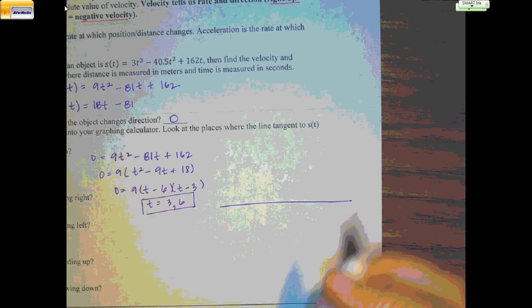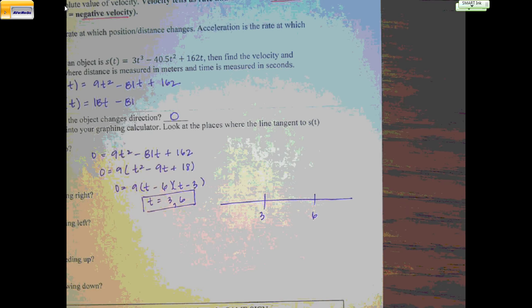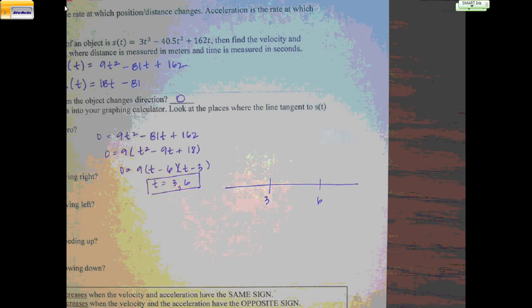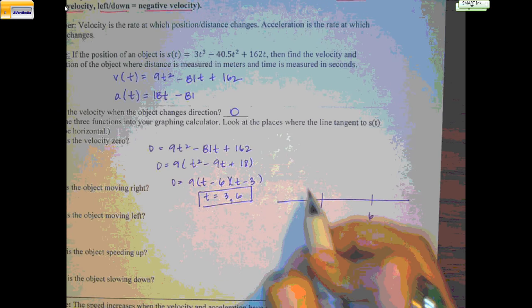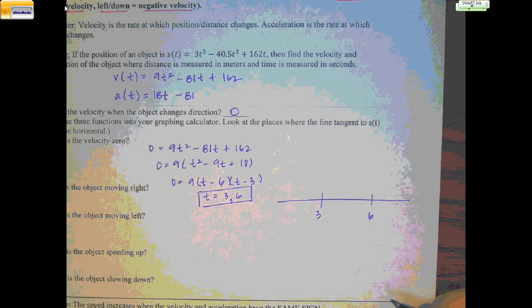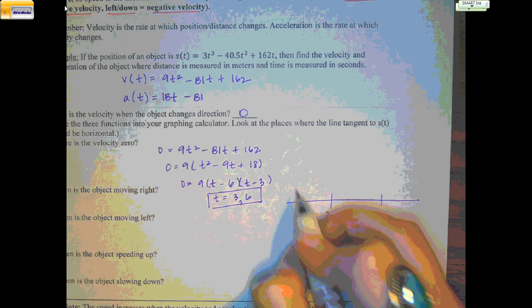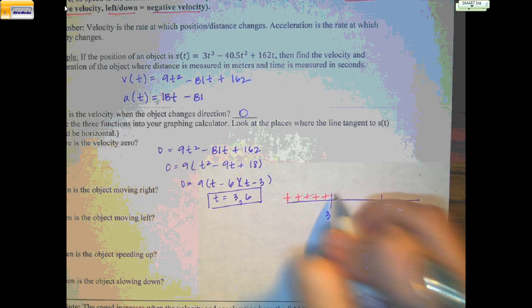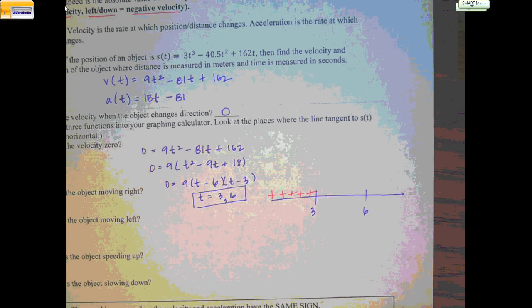I know that it changes directions at 3 seconds and 6 seconds. You've got to figure out which way it's going when, because maybe you're not going to be able to graph it. Maybe you just have to know by looking at numbers. So we're going to plug in a number to the left of 3, an easy one like 0. If I put a 0 into this equation, I get 162, and that's obviously a positive number. So that's positive values.